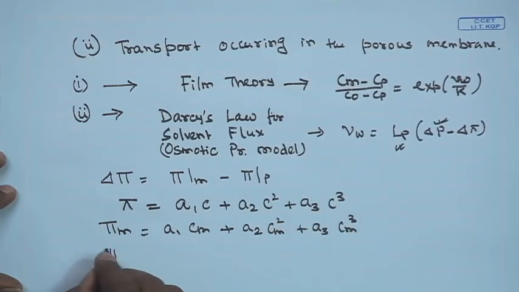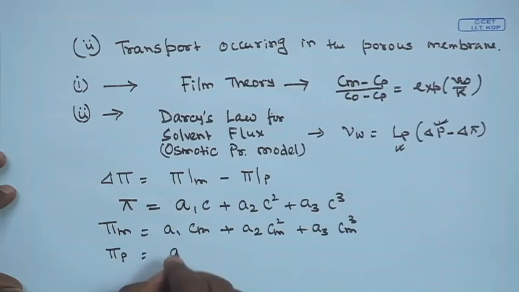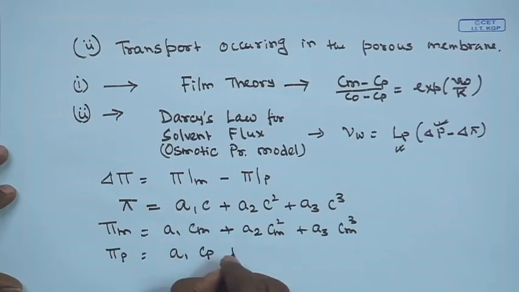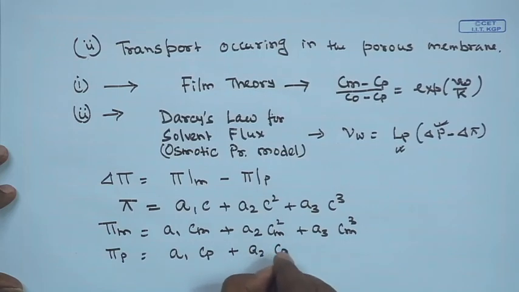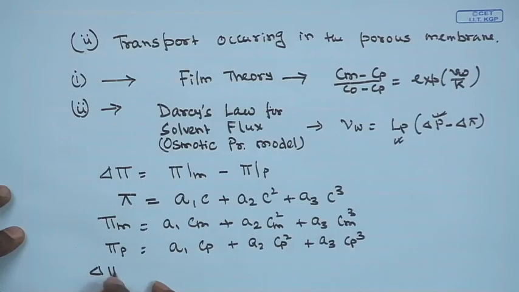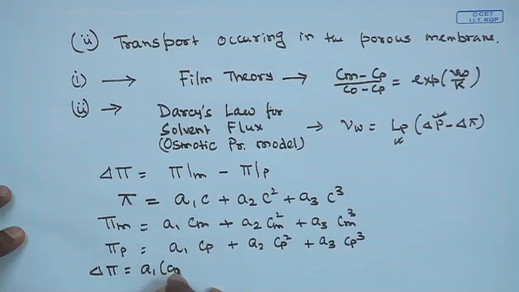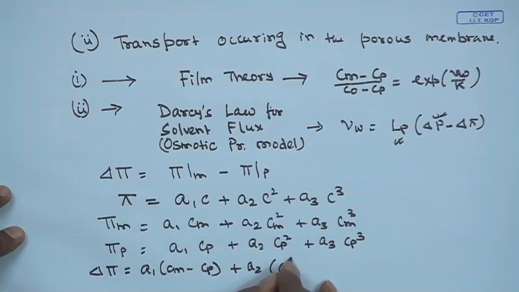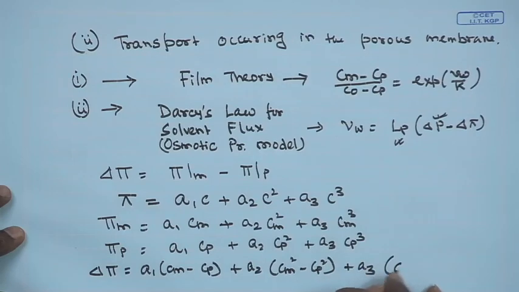And pi p on the permeate side will be A1 Cp plus A2 Cp square plus A3 Cp cube. Once we quantify this, we can quantify delta pi, the difference of these two: A1 (Cm minus Cp) plus A2 (Cm square minus Cp square) plus A3 (Cm cube minus Cp cube).